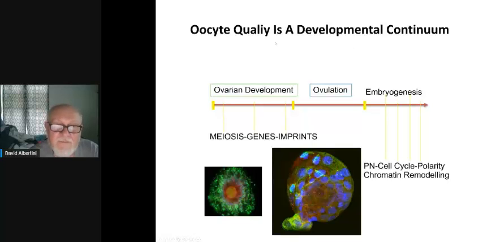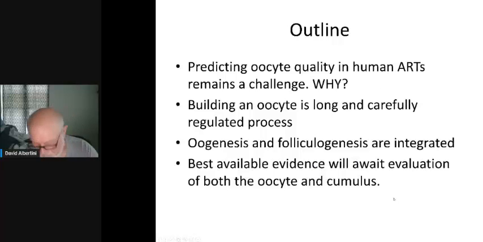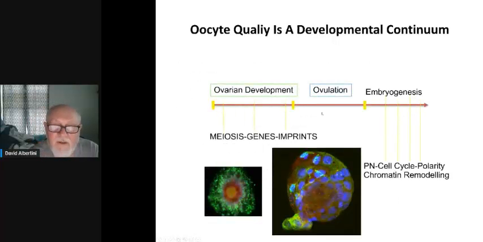The production of a viable oocyte is a function of its developmental continuum. There is a long duration.